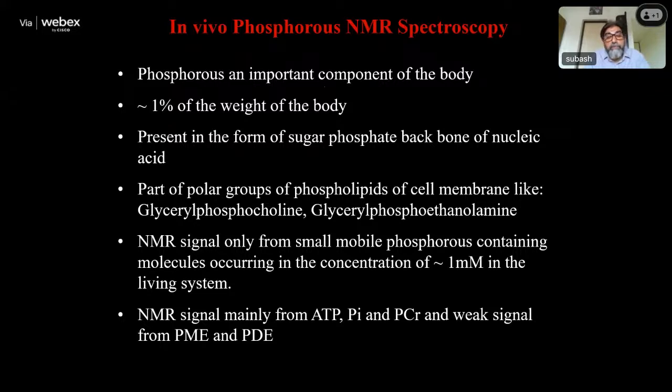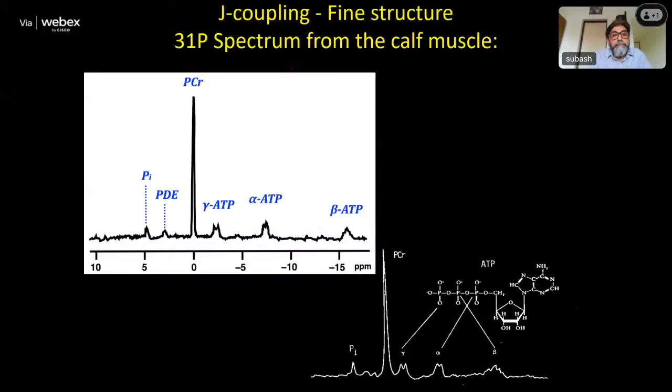And when you talk about phosphorus at E1, the main signals come from ATPs, adenosine triphosphate, inorganic phosphate, and phosphocreatine, and the weak signals come from PME and PDE, which are the sugar phosphate and the phospholipid components. They are at lower concentration, so they are seen, but the peaks are much smaller, but still you can quantify them using P31 spectroscopy.